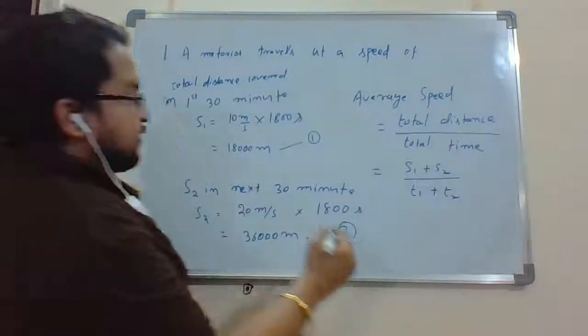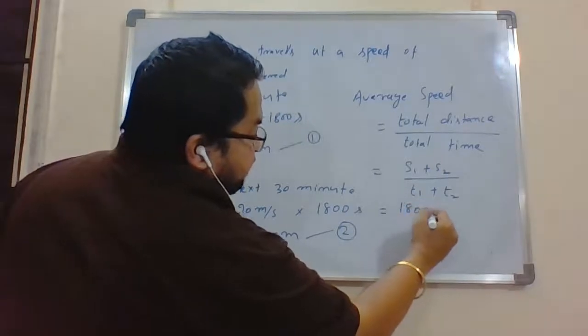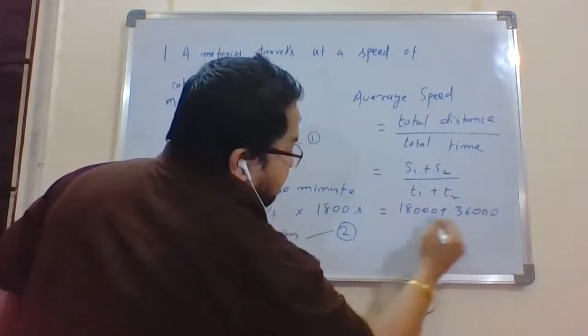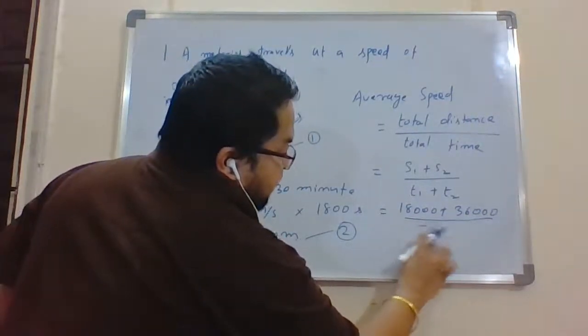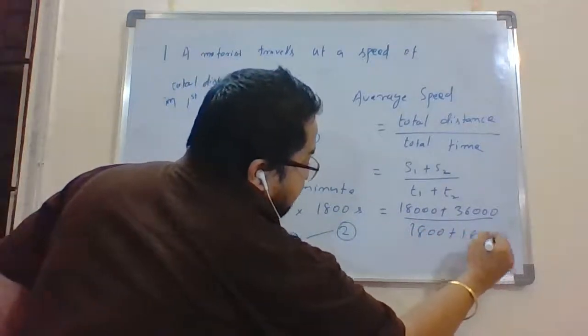Now let us start putting the values. First S1 was 18,000. Next S2 was 36,000. And total time was 3600, so that is nothing but 1800 plus 1800, right?